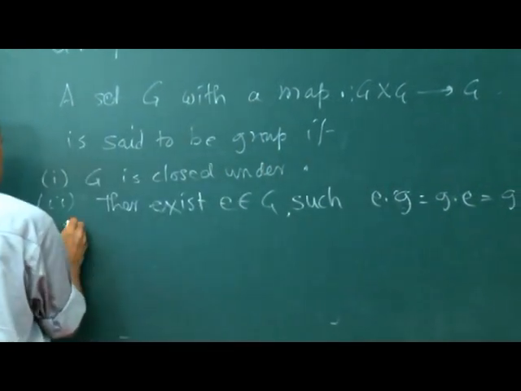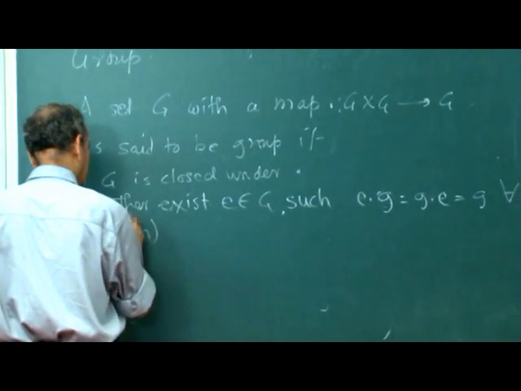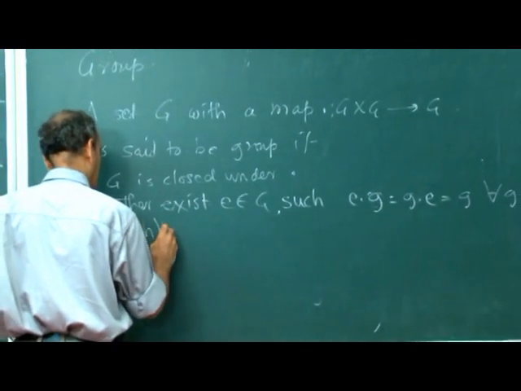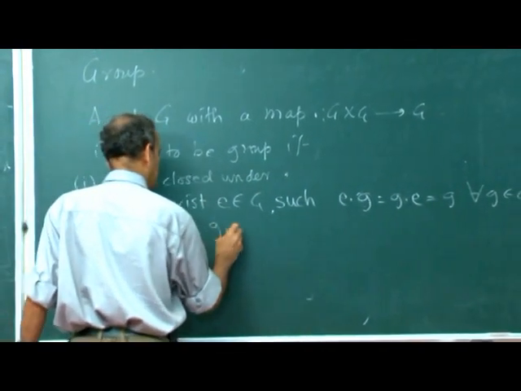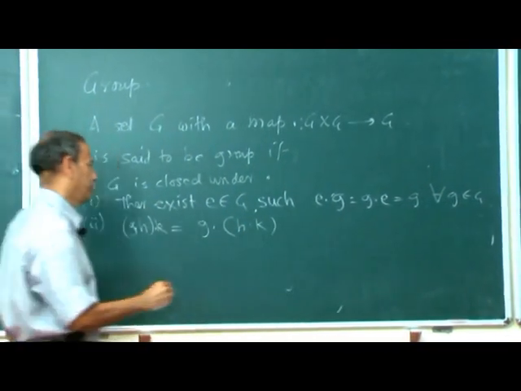Third, (g·h)·k is g·(h·k). This is called associativity.